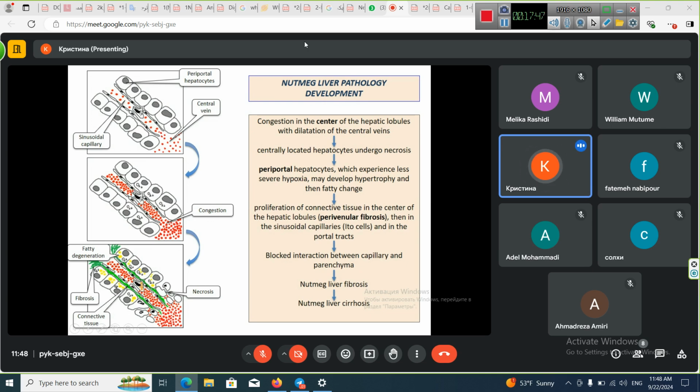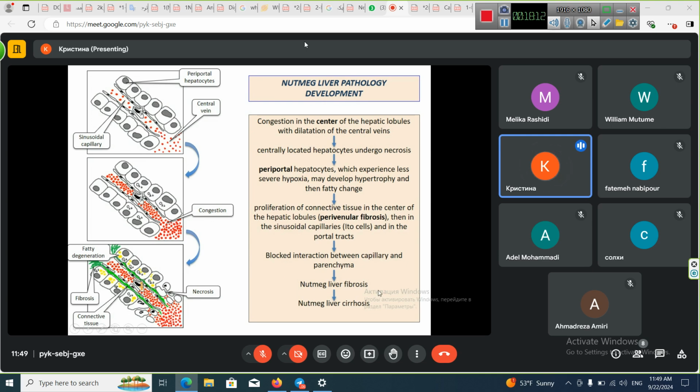So oxygen and nutrients should come this way from blood to hepatocytes. But now we have connective tissue between blood and hepatocytes. It means that the passage of nutrients and oxygen is now blocked.